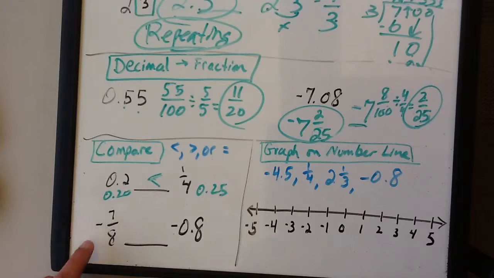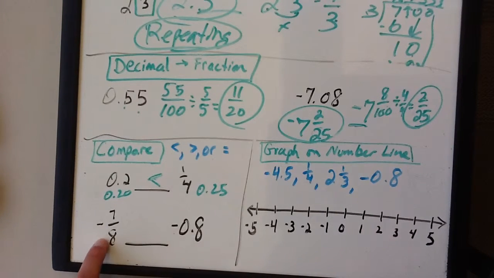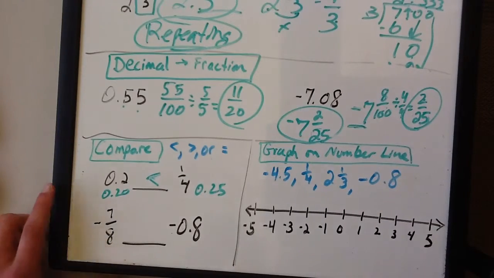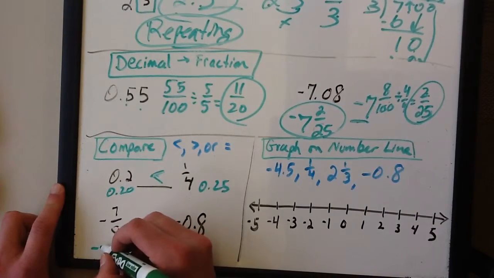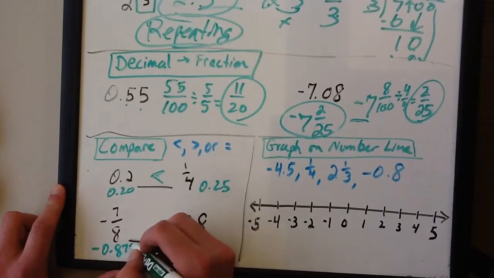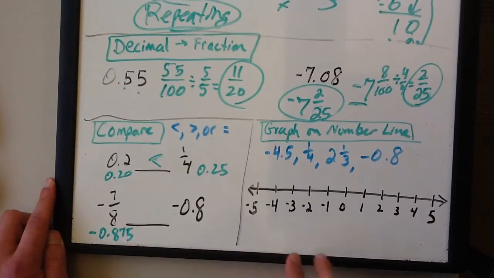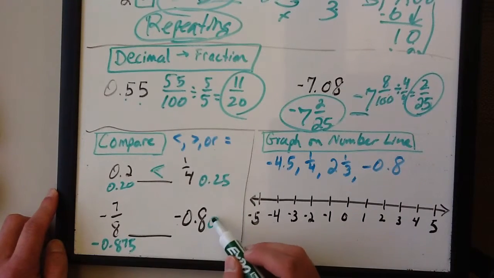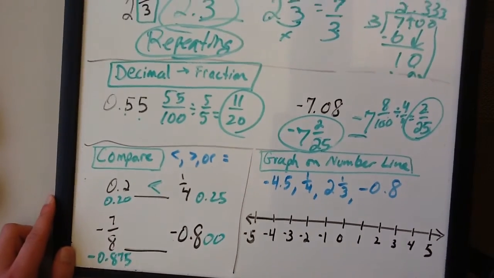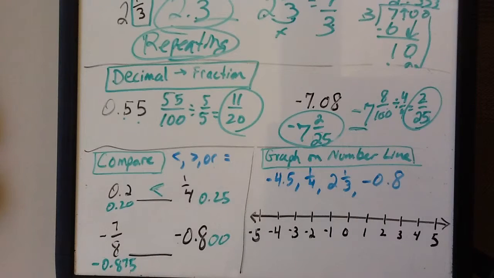The second example, we're going to compare negative 7/8 to negative 8/10. So if you take this fraction to a decimal, you will get negative 0.875. Okay, so that's in decimal form. This one is already in decimal form, and if I add placeholder zeros so that I have 3 digits after the decimal, just like this one, I have negative 875 thousandths and negative 800 thousandths if I'm reading this with a thousandths place value.